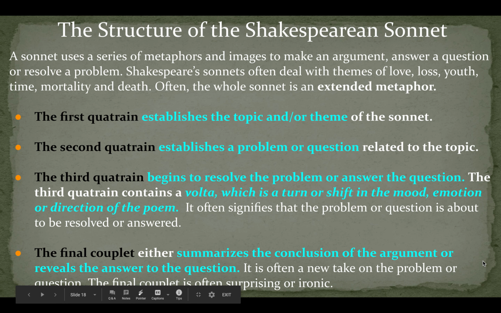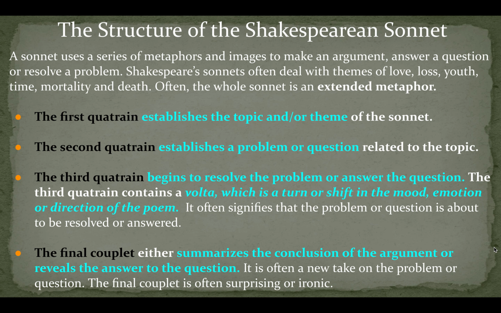So the final couplet often presents a new take on whatever the problem or question is. The sonnet's going in one direction. When we get to the third quatrain, it starts to take a different direction. And then in that final couplet is the gotcha. Oh, and this is where we find the point for the sonnet.